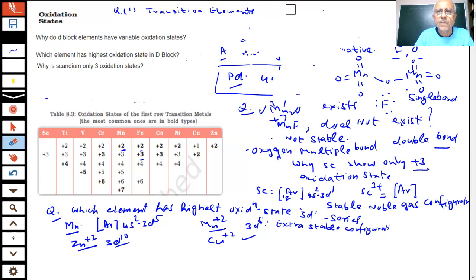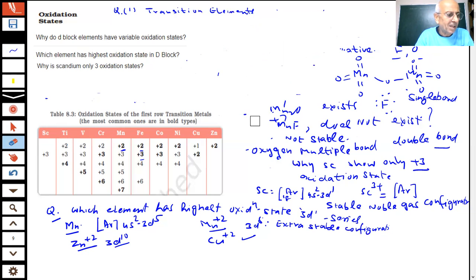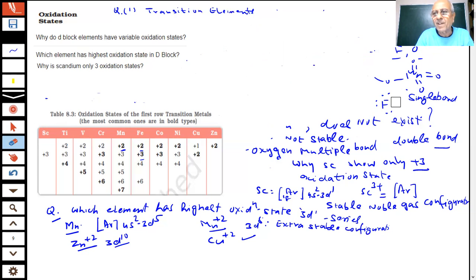Is anything left here, students? There is one question you already asked, that copper plus 1 is less stable than copper 2, but in solution it is copper 2, because of the value of the electrode potential, student. The answer will lie in the value of the electrode potential. We'll see that.